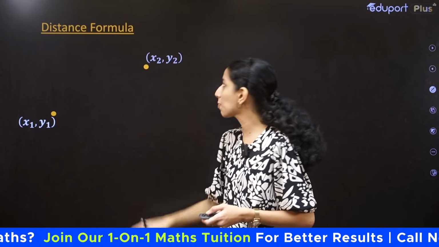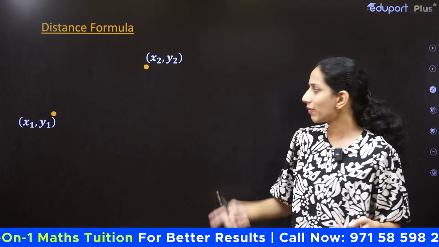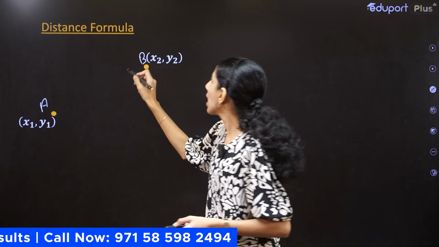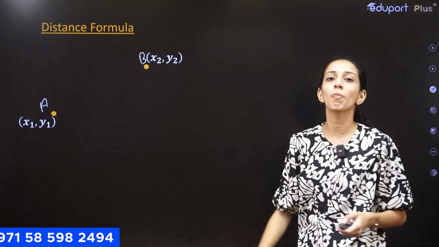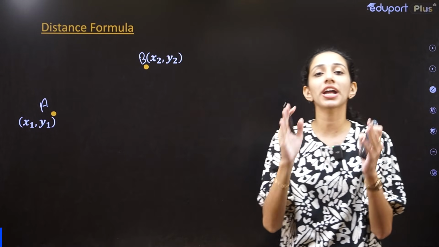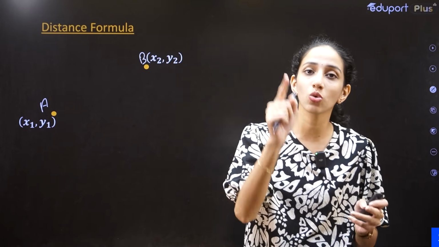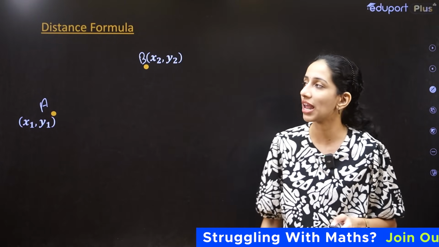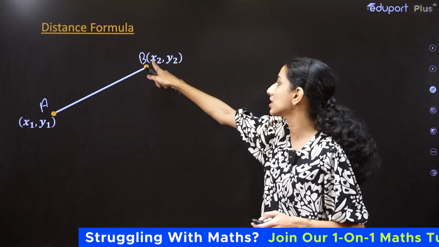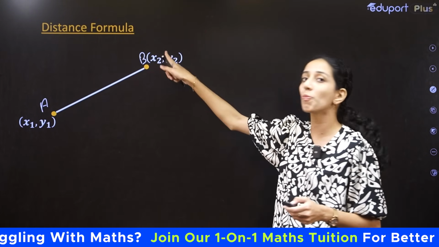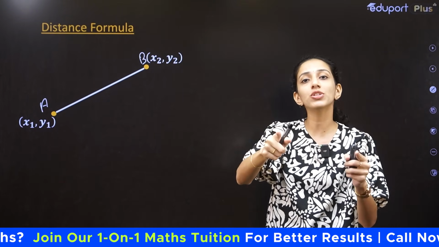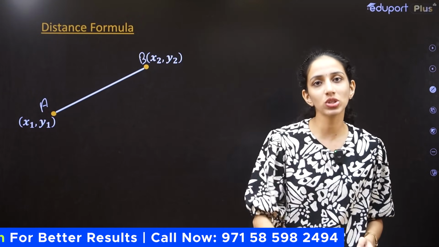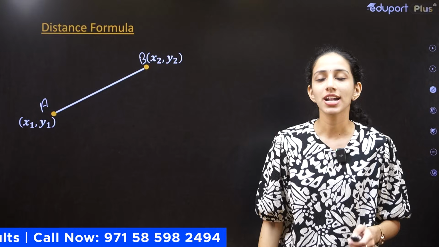Then we consider this point as (x2, y2), and we can also name them A and B. If you join these 2 points, or if you want to find the distance between them, in such situations we use the distance formula. That is, to find the length of this line AB, we use the distance formula.